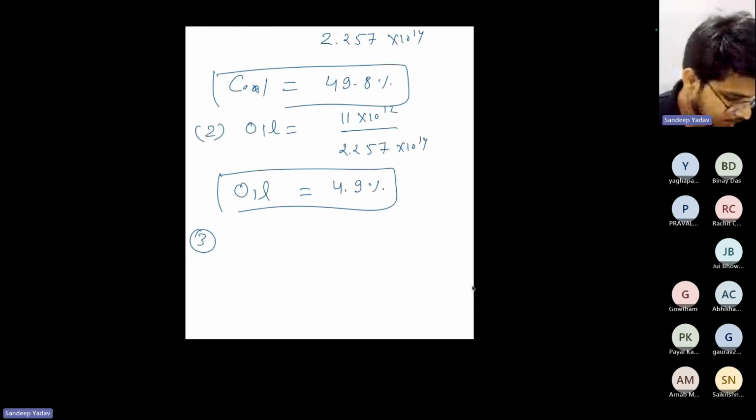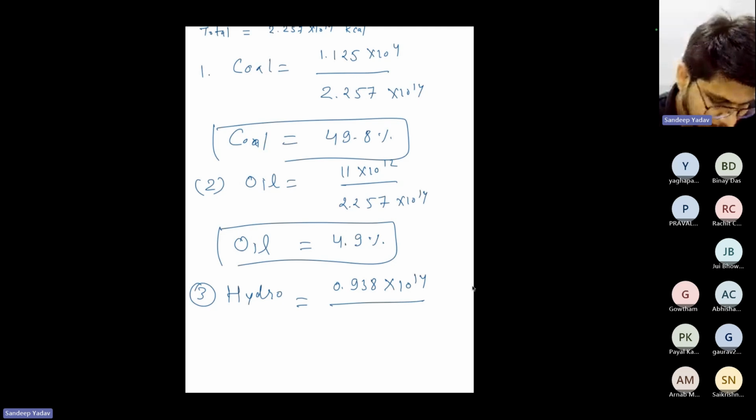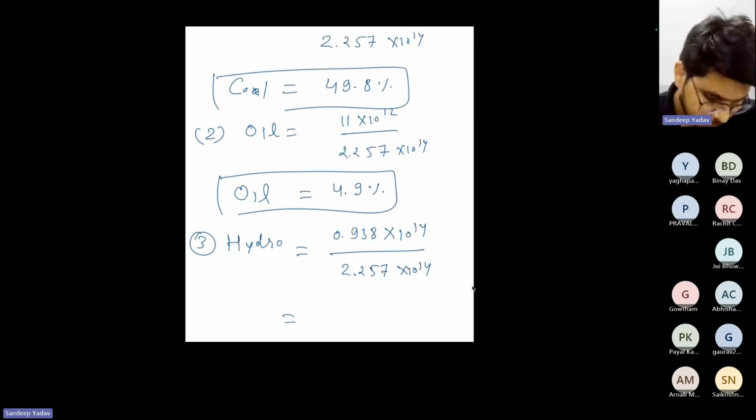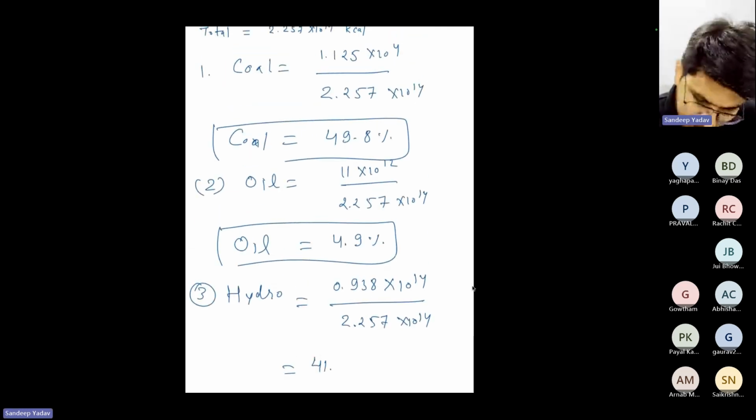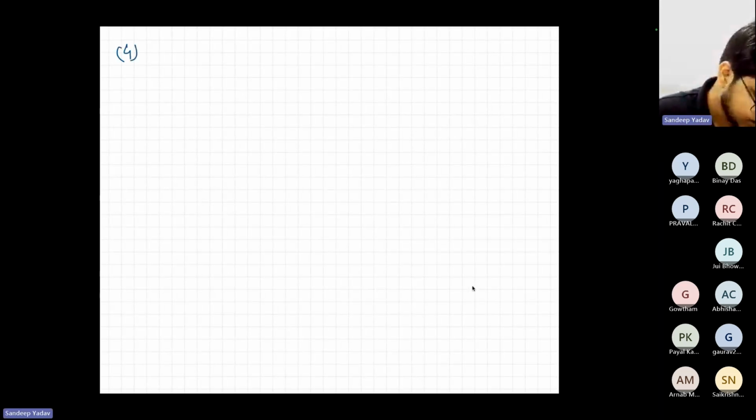Third, for the hydro, that would be 0.938 into 10 raised to power 14 divided by 2.257, that is total primary energy. That would be 41.56%. Now moving ahead to the final term, that is for the gas.